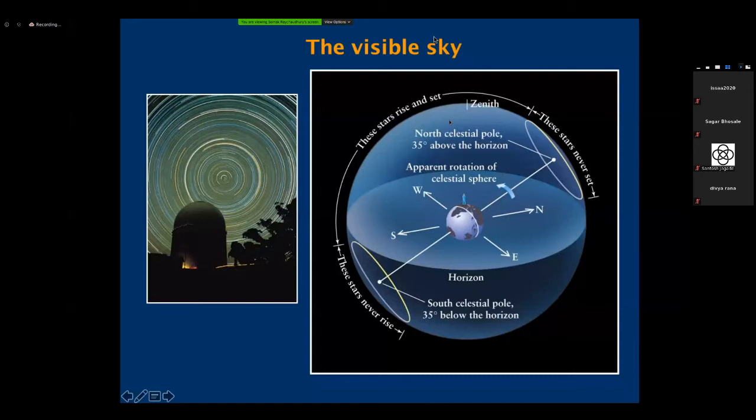And the interesting thing is that it has a periodicity of motion perpendicular to the plane of the galaxy, of the order of a few tens of millions of years.